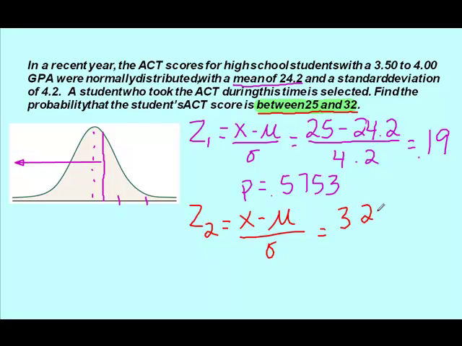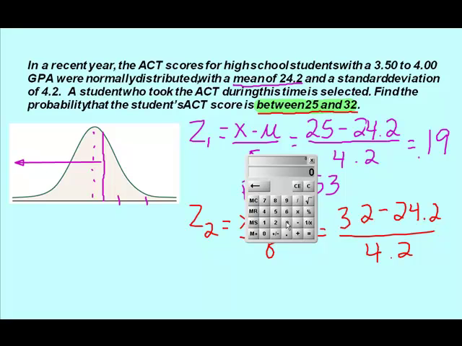32 minus the mean, divided by the standard deviation. 32 minus 24.2, divided by 4.2.